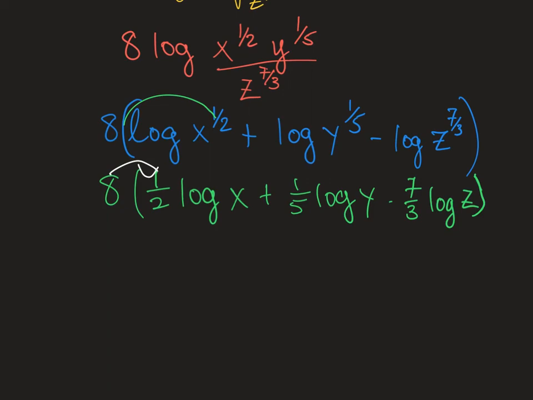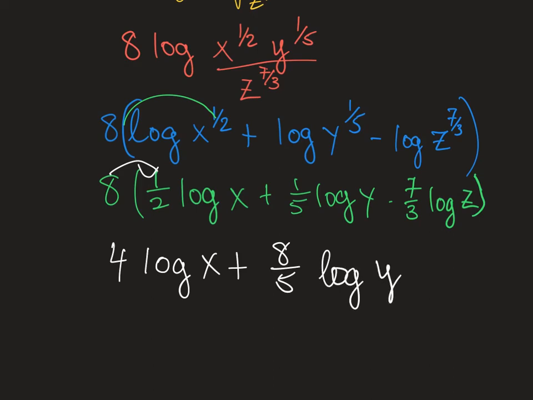So 8 times 1/2 is going to be 4 log of x, plus 8 times 1/5 is going to be 8 over 5 log of y. And that's subtraction, so you're going to get minus 8 times 7 is 56, that's going to be 56 over 3 log of z. Pretty simple, and that's your solution.